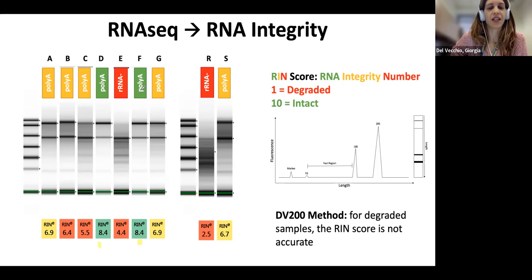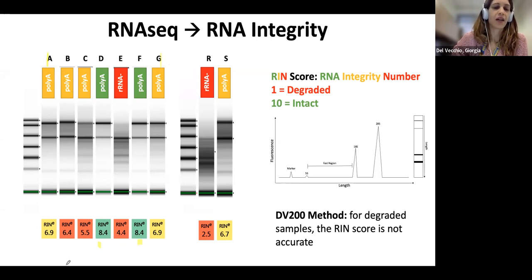We don't have an issue with degradation, so we can efficiently capture our messenger RNA. We can still perform the poly-A capture with a 6.9 RNA. Even if we start to have some degradation, it should work.